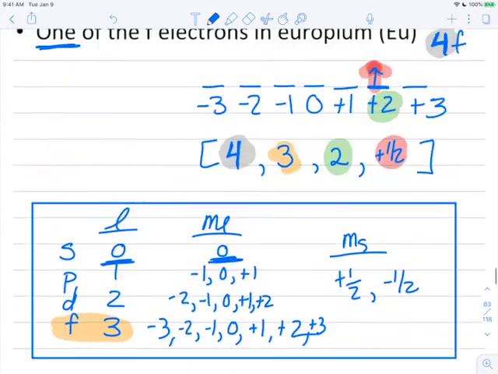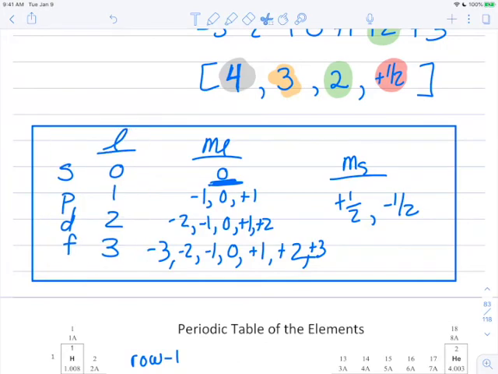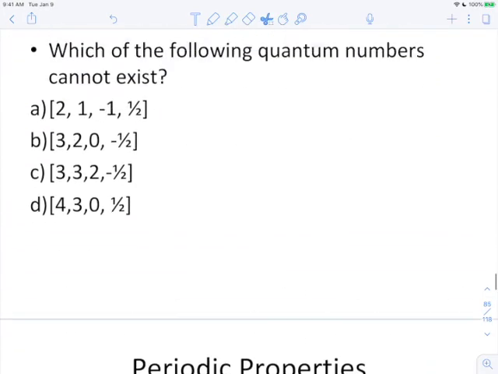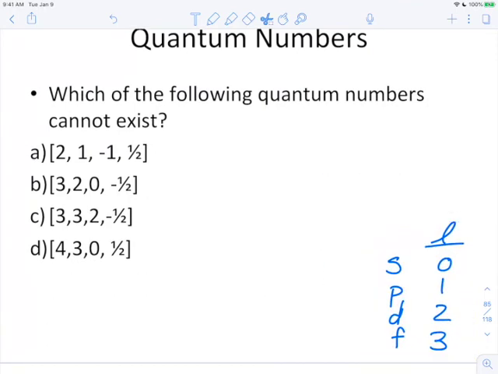Before we do, I want to bring down this right here, because this often trips people up. Put that off to the side. All right, so let's look at the first one.